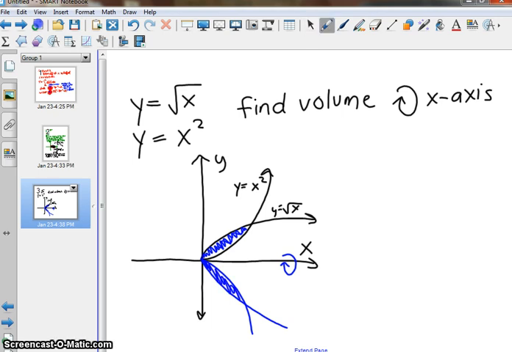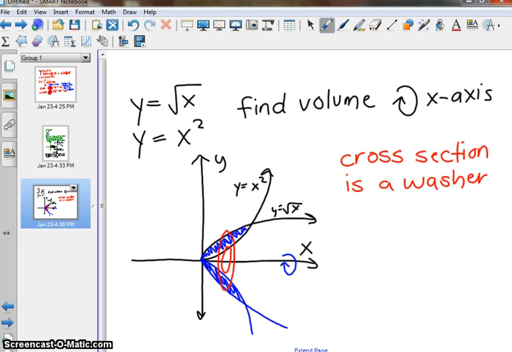When I draw in the circle, like this, I have one big circle, but then I need to subtract out that open space. If I'm looking from the side, the cross section is a washer. Cross section is a washer.